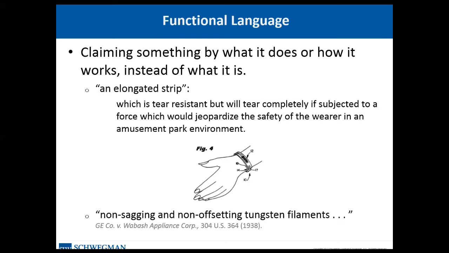So that's the functional portion of that elongated strip. Or another example here from a GE case back in 1938 is these non-sagging and non-offsetting tungsten filaments. It is basically claiming the tungsten filaments by what they do. They don't sag and they don't offset.